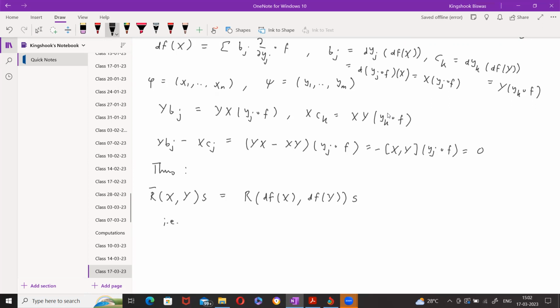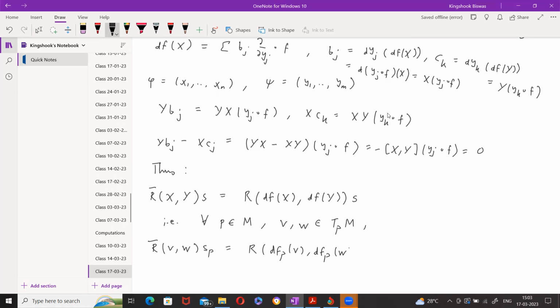This means for all p in M and v, w in T_pM, R bar of (v, w) acting on s at p is equal to R of (df_p v, df_p w).